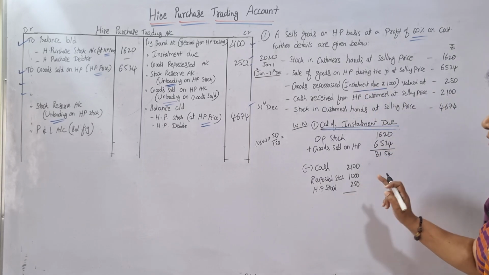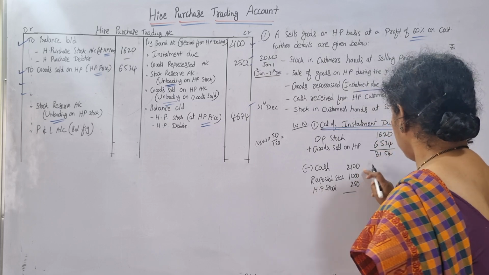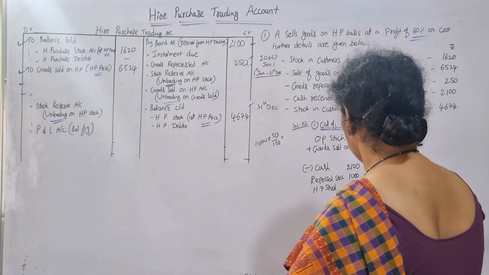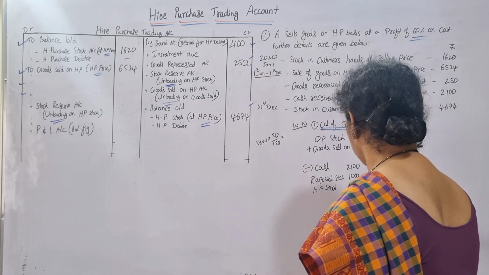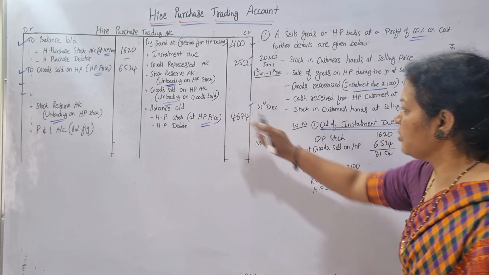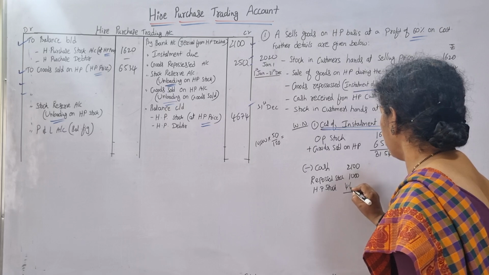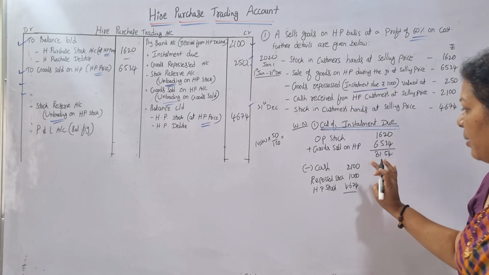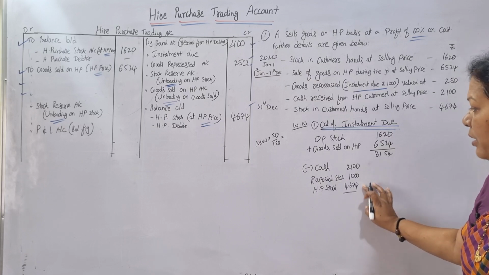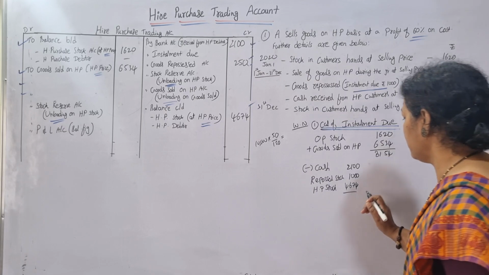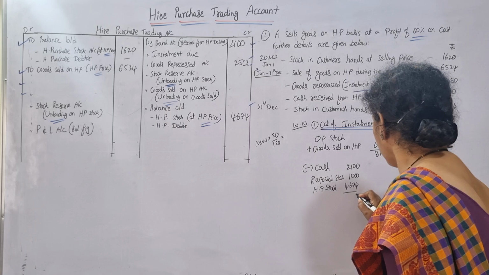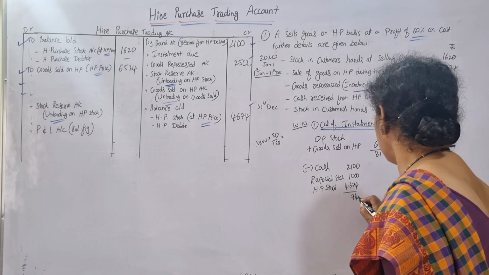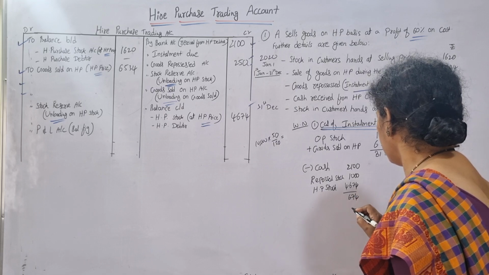If we deduct these three, you'll be getting the exact amount. So how much does it come to? HP stock is 4674. Opening stock plus sales minus cash, repossessed stock and closing stock. Okay, so this comes to 4674.